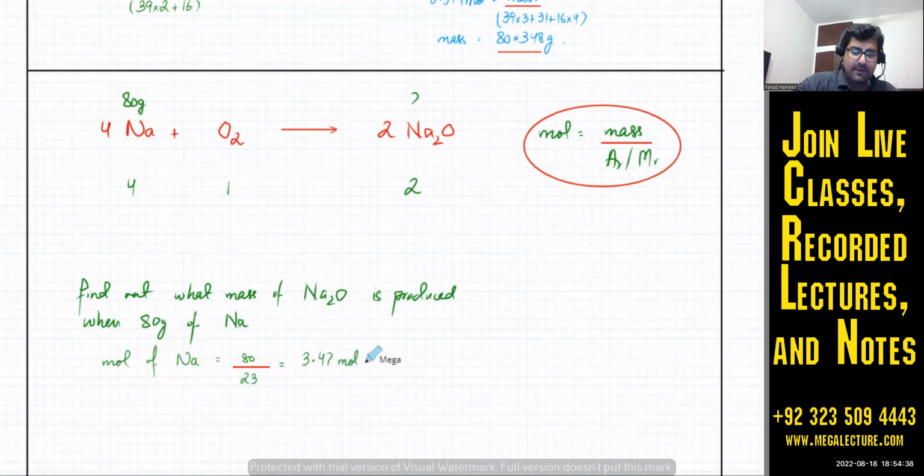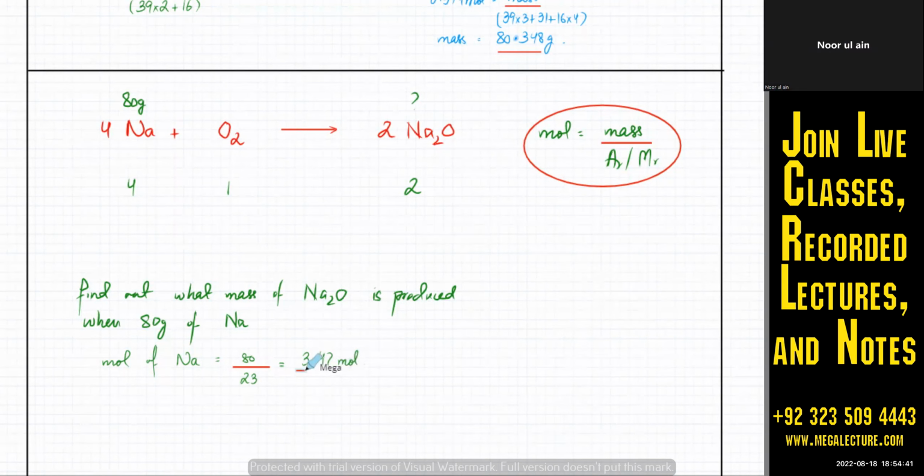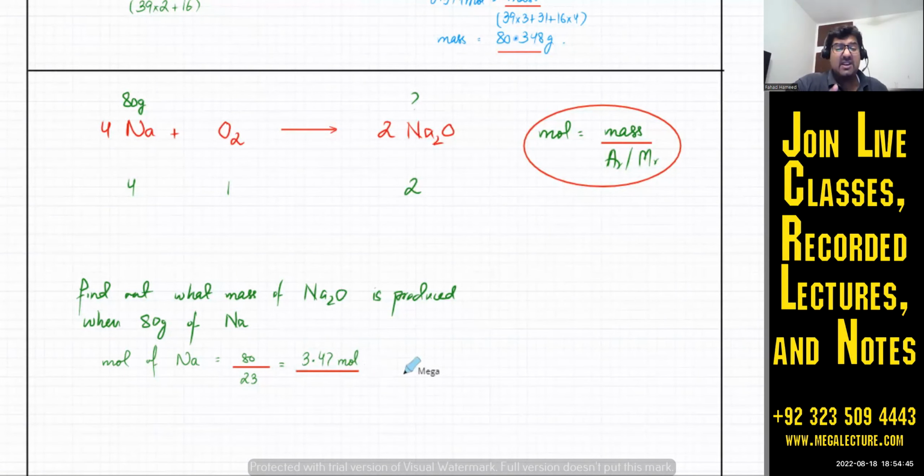So basically, you found out that's the quantity of sodium that you got. Because the first thing is you have to find moles, and that's one formula that will help you in finding moles. And once you've found the moles, 3.47, right?